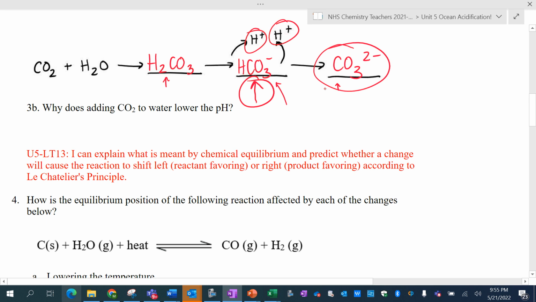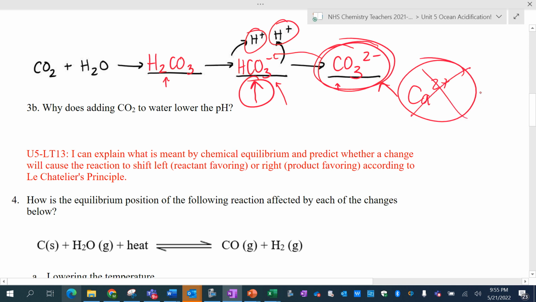And that creates a problem for shellfish because now there's this competition because the shellfish, the calcium, wants to find CO3 2-, but instead a lot of them are unfortunately already HCO3-, and that doesn't do the calcium any good. So then it can't form the shell because a shell is calcium carbonate.